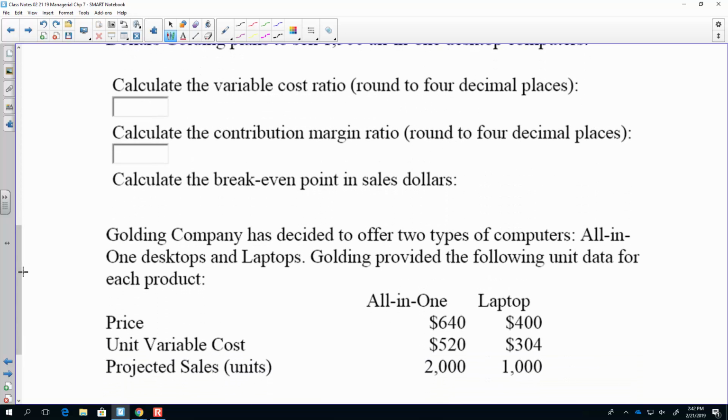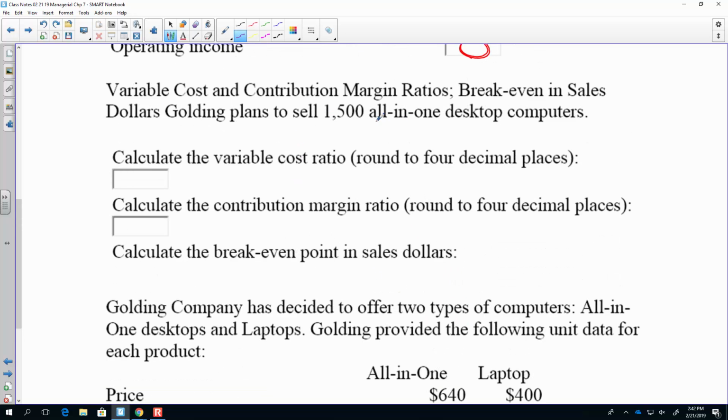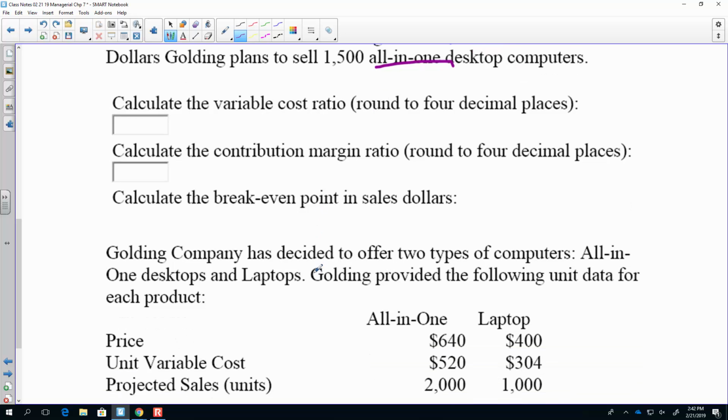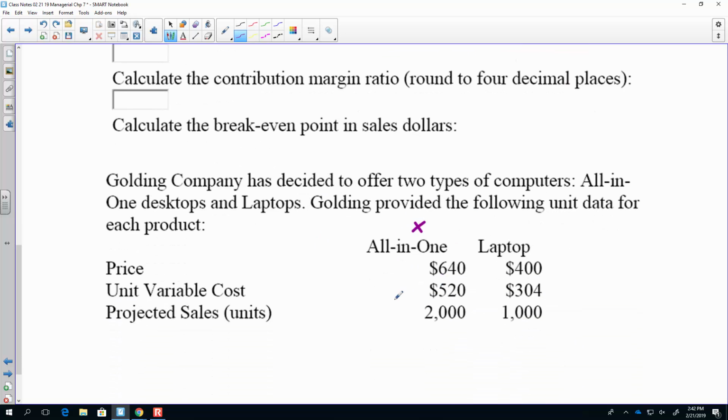So let's just use the data down here now rather than going back and forth. So here's my data. They want the all-in-one, which is right here. So here's our number, here's our number.